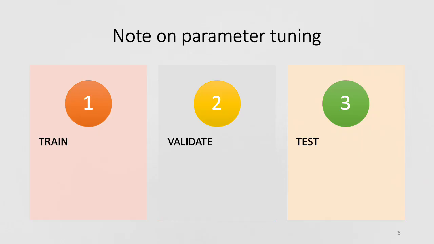Now, a very important note here about parameter tuning. So what do we mean by that? Each model will have a set of parameters that can change and vary. And I don't know which one is the best for my data set. So I do need a chance to experiment and fine-tune those parameters to my data set. That's what we mean by parameter fine-tuning.